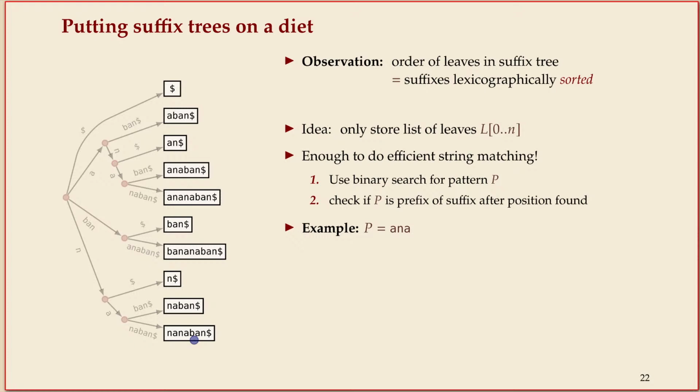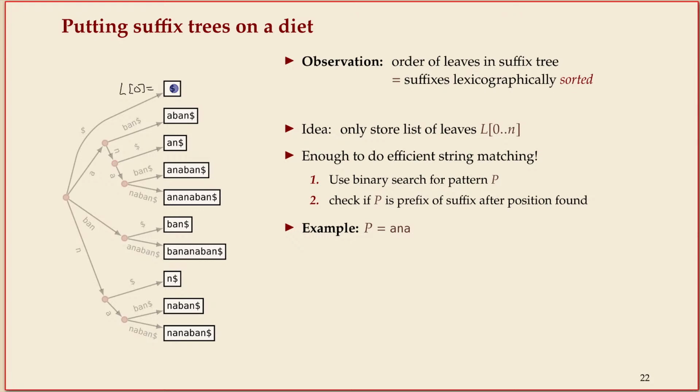I'll call this L for leaves. So you should think of it basically as: L of 0 is the index for this leaf, which always is the last.